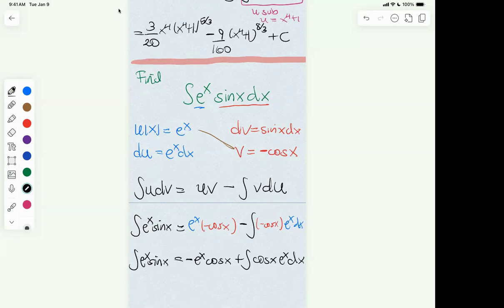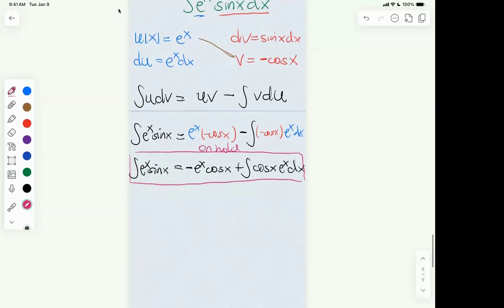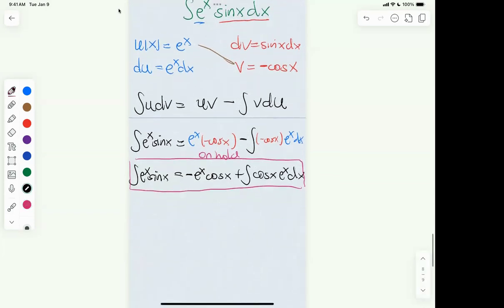So, okay, I'll put this on hold because I'll have to return to this one. Then I'll try to find, as a problem within a problem, the integral of cosine of x e to the x dx. So you get here what?